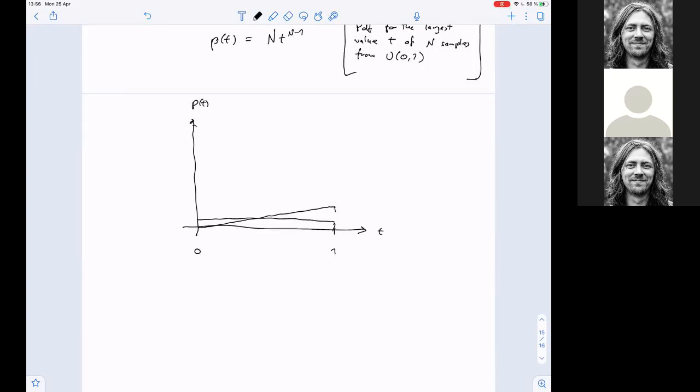So it gets more and more peaked towards high values, as you might expect. The more samples you draw between 0 and 1, the higher you expect the highest sample to be. So eventually, you end up with probability distributions that are super peaked towards high values. This is n equals 1. This is n equals 2.